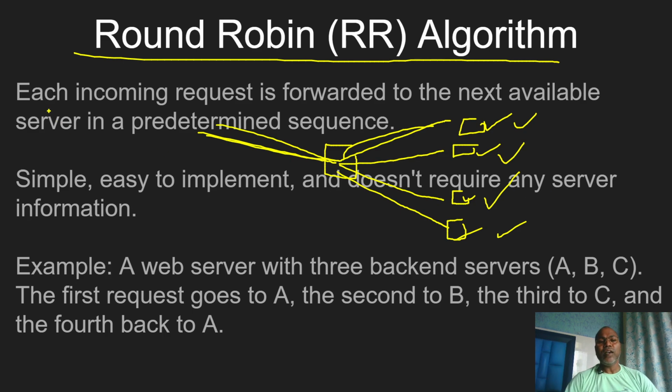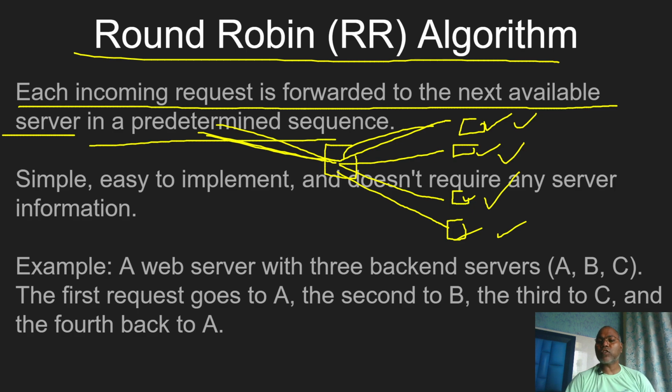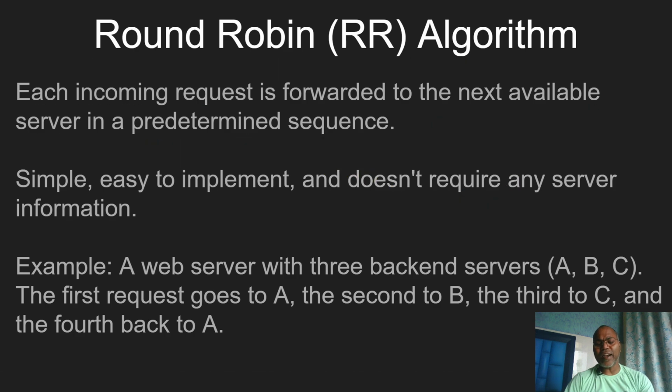Here, each incoming request is forwarded to the next available server in a predefined sequence. I define this as my first server, this as my second server, this as my third server, and this as my fourth server. This kind of algorithm is very simple and easy to implement, and doesn't require any server information. You just say, these are my servers in a specific sequence.